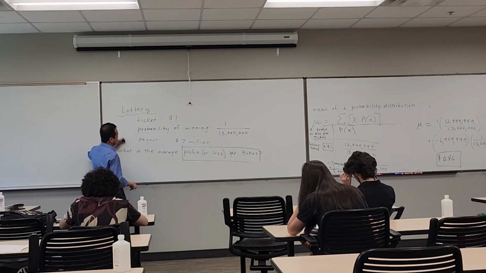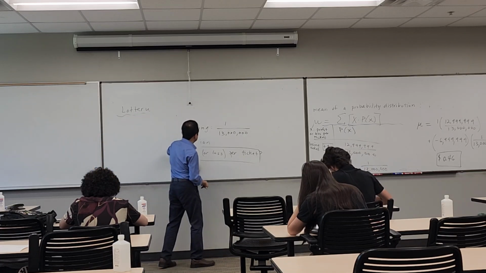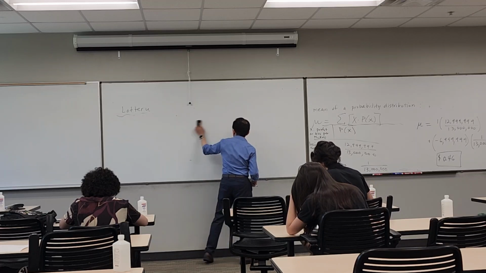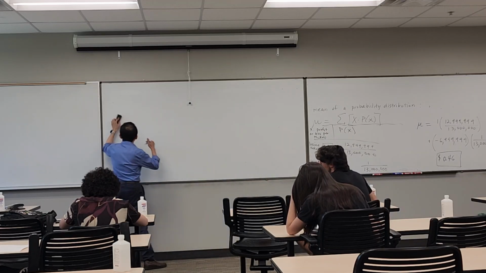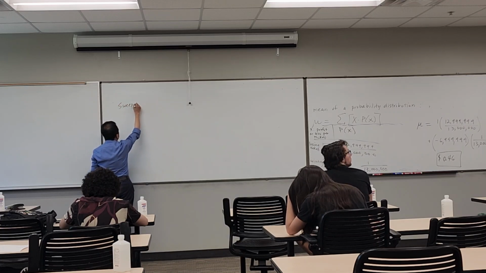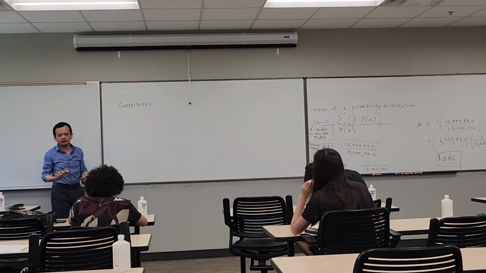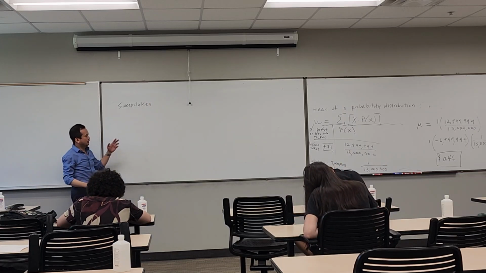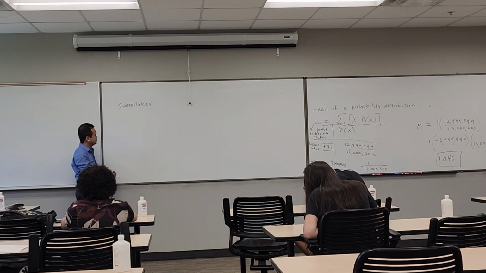Okay, so let's look at another example. Let's say that we are playing a sweepstakes where instead of there being only one prize, you can win one of several prizes.